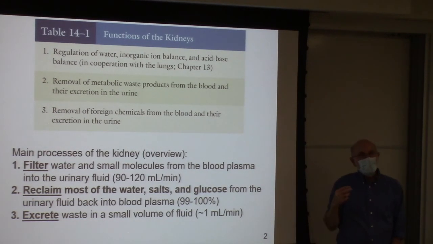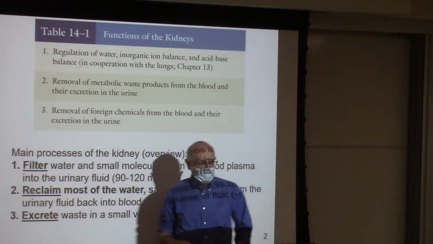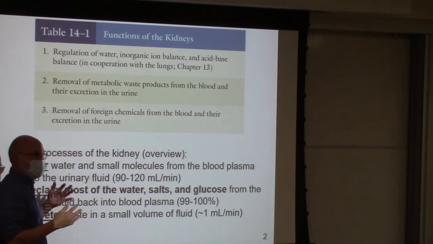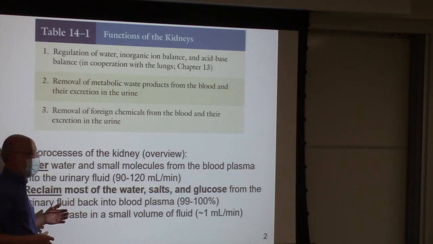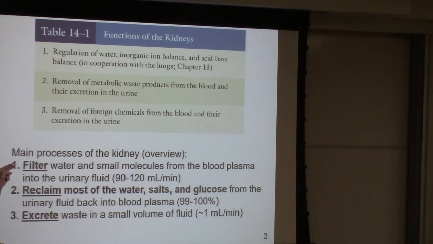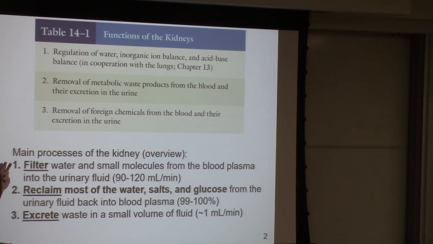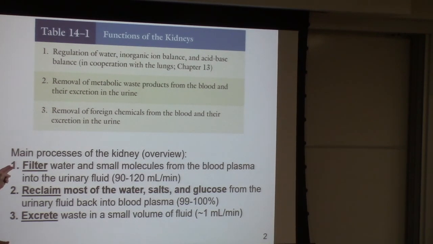The main process of the kidney, the flow chart of operation of the kidney, is to make a filtrate from blood that is very dilute, and it's very large volume.